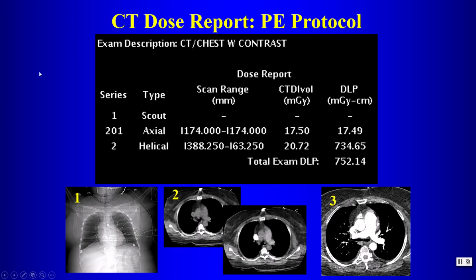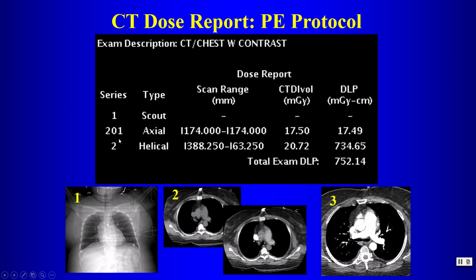And so for our CT scans, we get a CT dose report. So here's a dose report from a PE protocol. And here on this PE protocol, we see that there are three separate series indicated. The first one is the Scout.